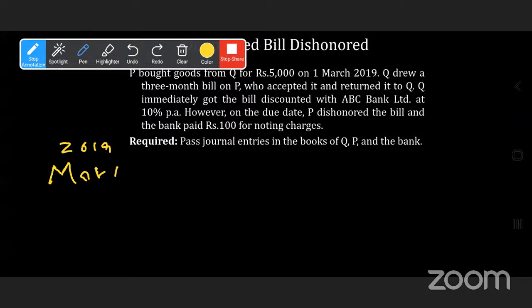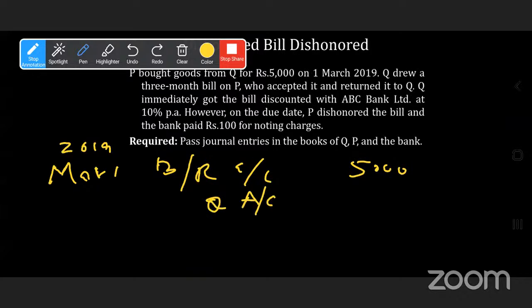Bills receivable account debtor, bills receivable account 5,000, to Q account.